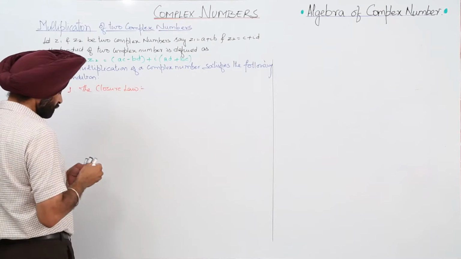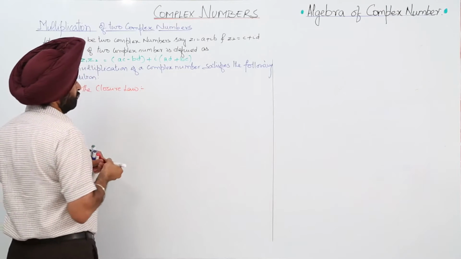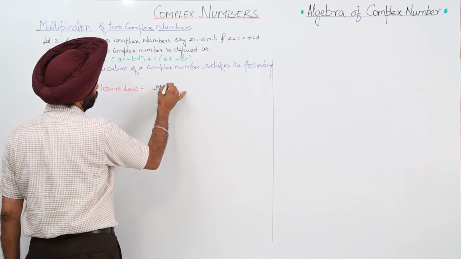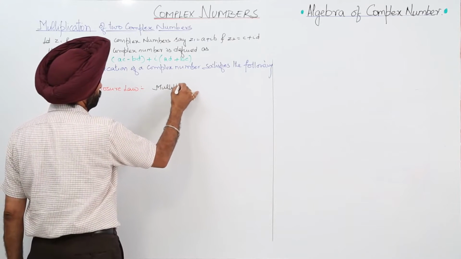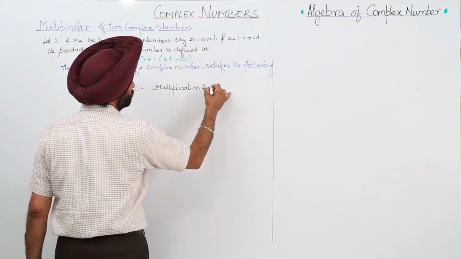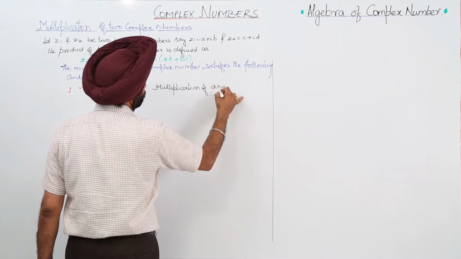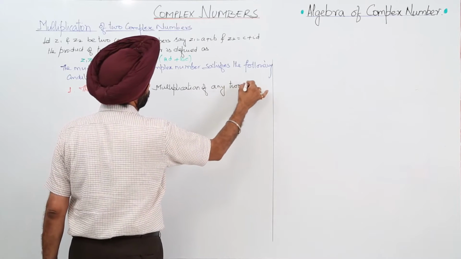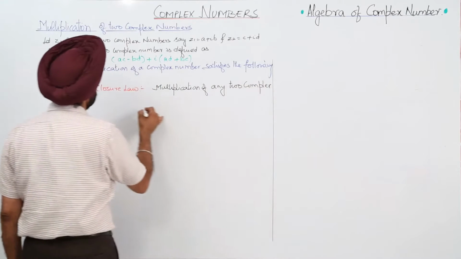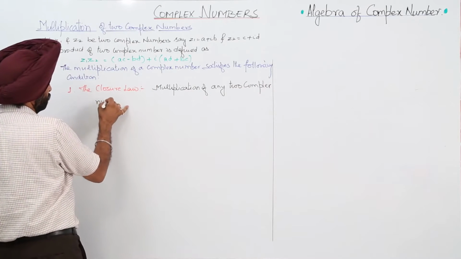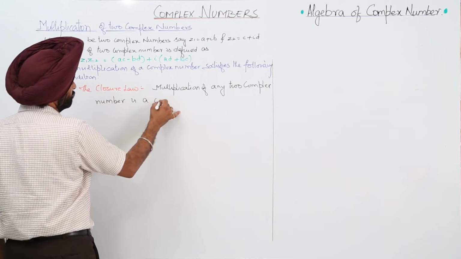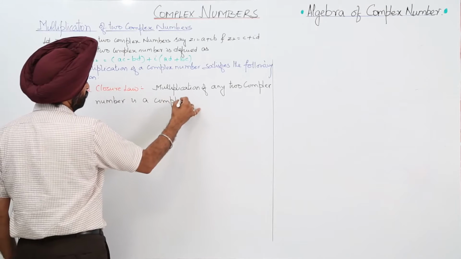Now what does this mean? Multiplication of two complex numbers is a complex number.